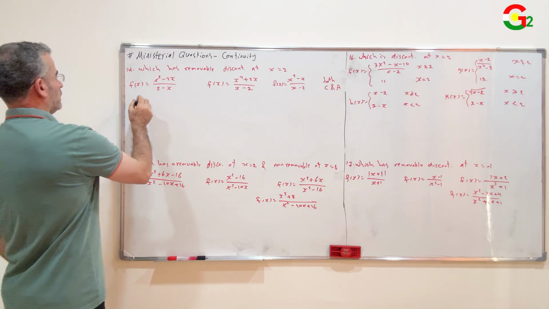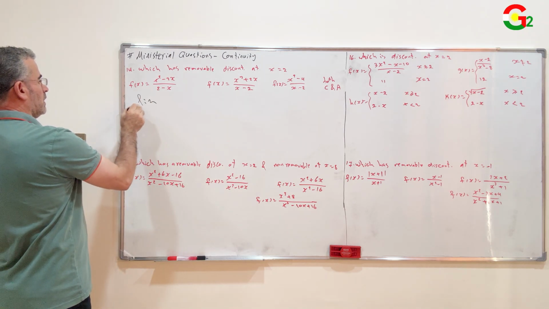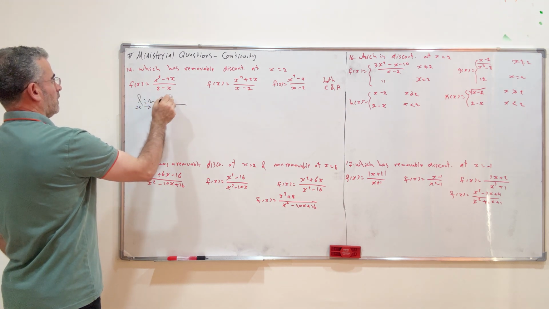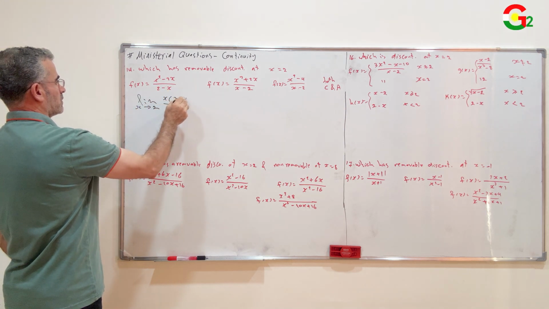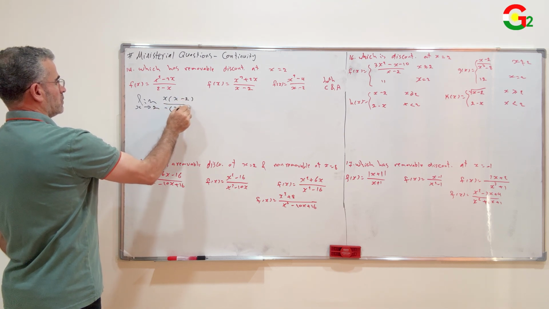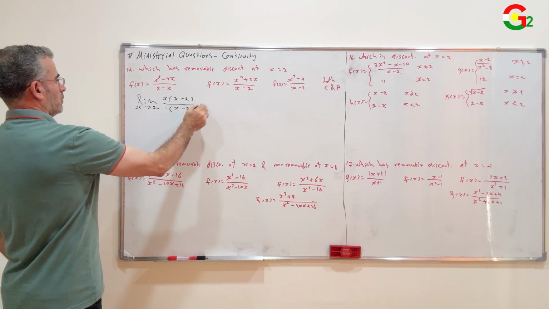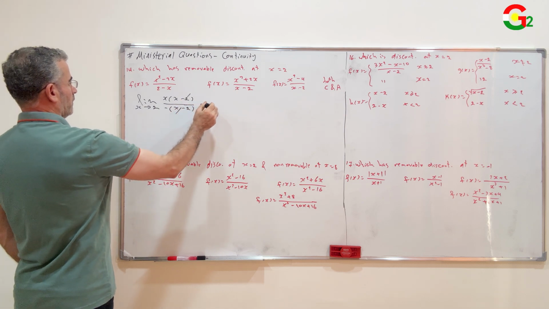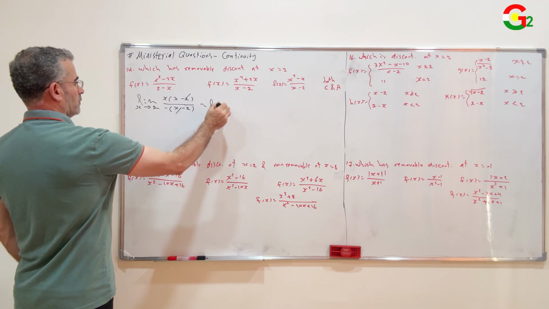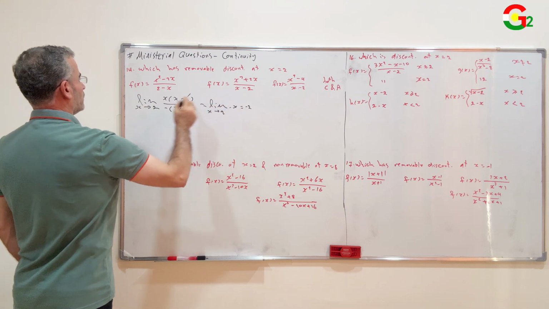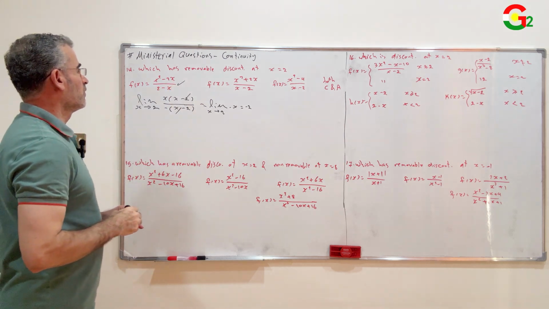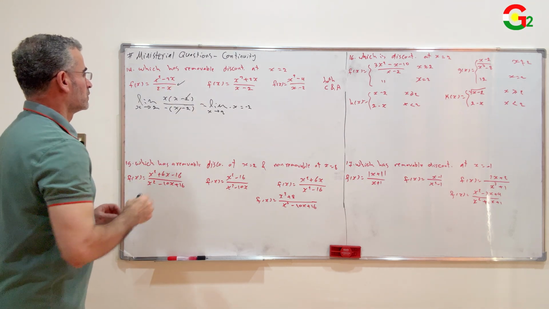For the first one, let us check the limit when x approaches 2 for this function, factorize by x - 2, factorize by negative (x - 2), equal to negative x. The limit as x approaches 2 of negative x equals negative 2. Therefore, this function has a removable discontinuity when x approaches 2.